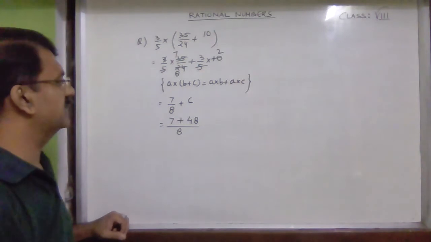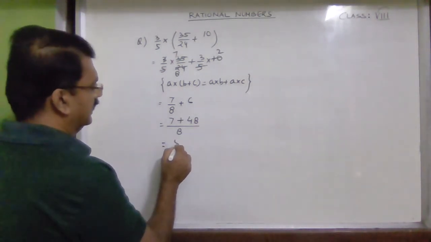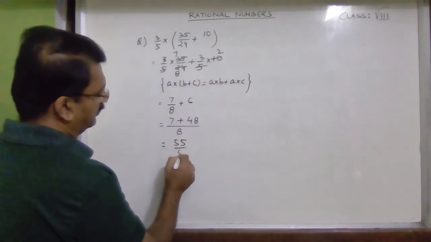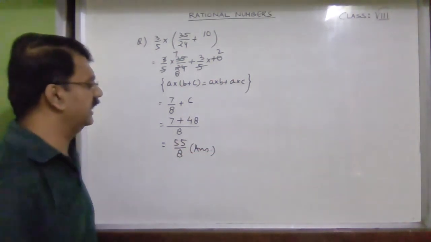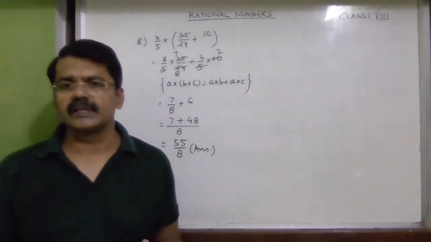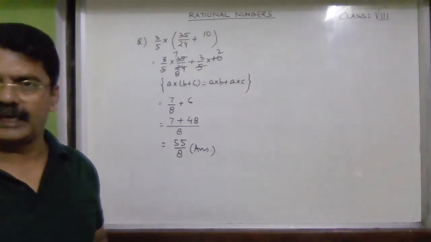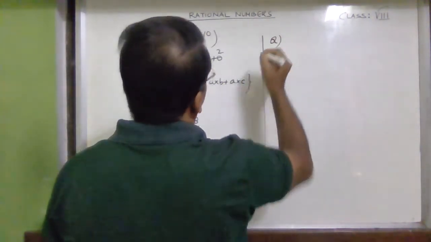So it is 7 plus 48. Now 48 plus 7 is 55. So 55 by 8 is our answer. Okay, 55 upon 8. You can leave your answer like this, or you can convert it into a mixed fraction also. Clear? Next question.